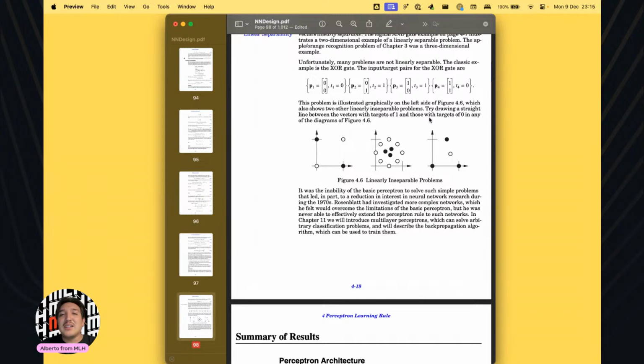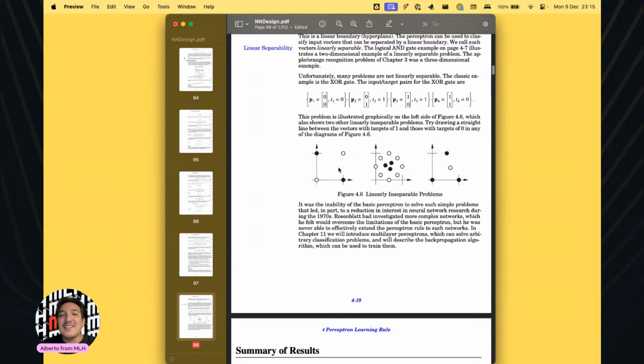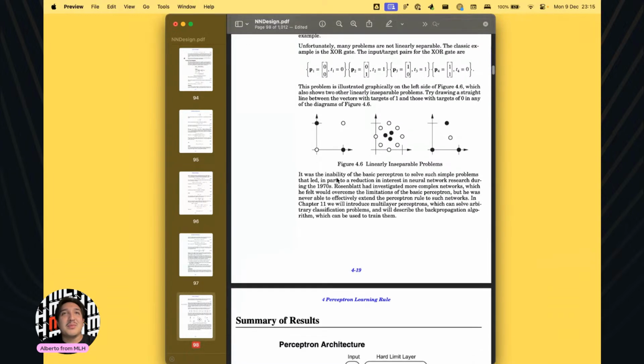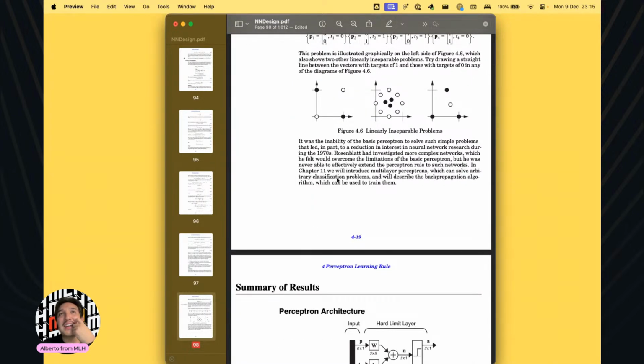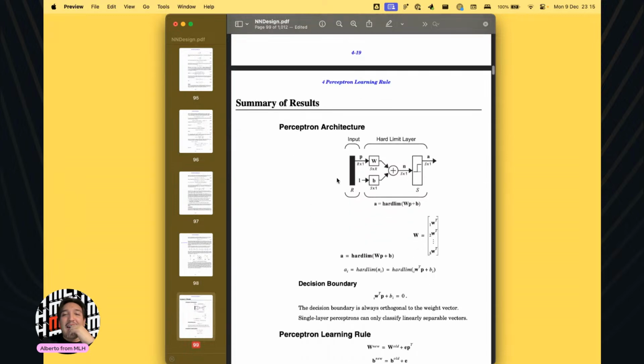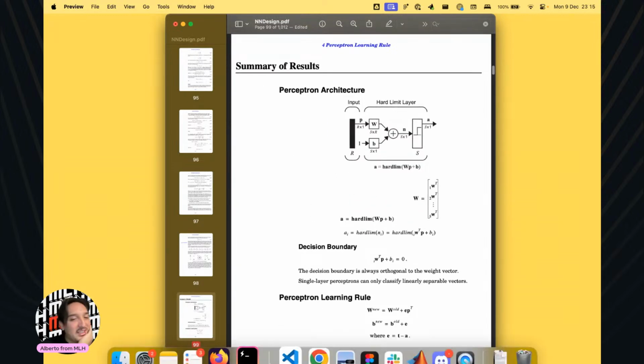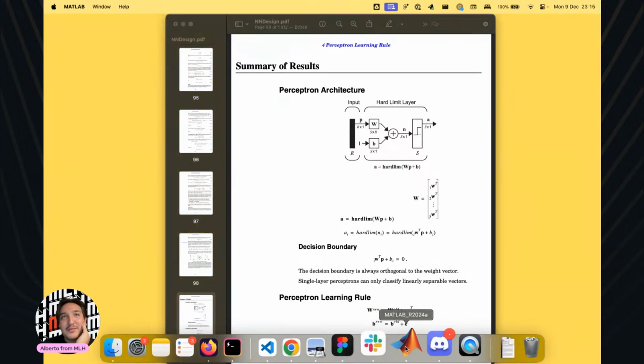Even an XOR logic gate, that's the first element here, is not possible with a perceptron, and that's very interesting. But yeah, let's open MATLAB now.